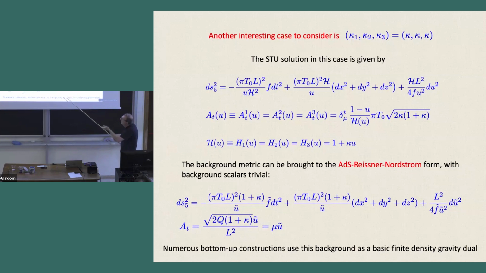So it's more explicit to see that once you have kappa, kappa, kappa, your background is actually AdS Reisner-Nordstrom, an Einstein-Maxwell system with no scalars in the background. Now, numerous bottom-up constructions use this background as a basic finite density gravity dual.